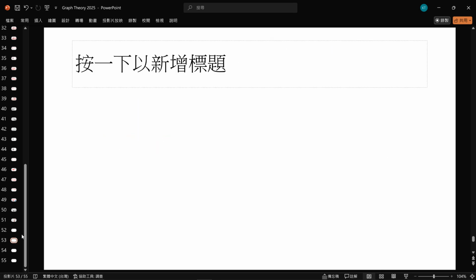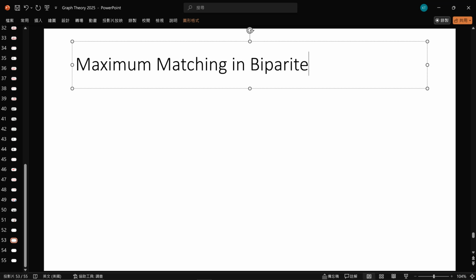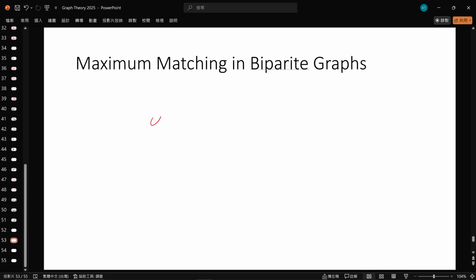All right, so the reason I want to discuss this bipartite graph is because next we're going to consider a problem on bipartite graphs, and the problem is maximum matching. Let me give you an example.